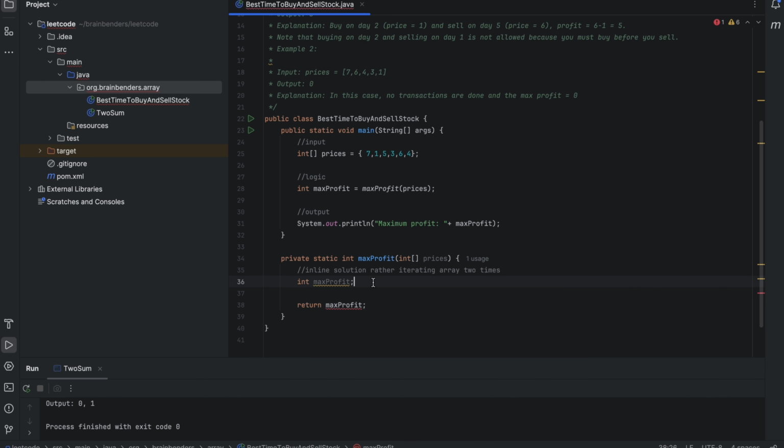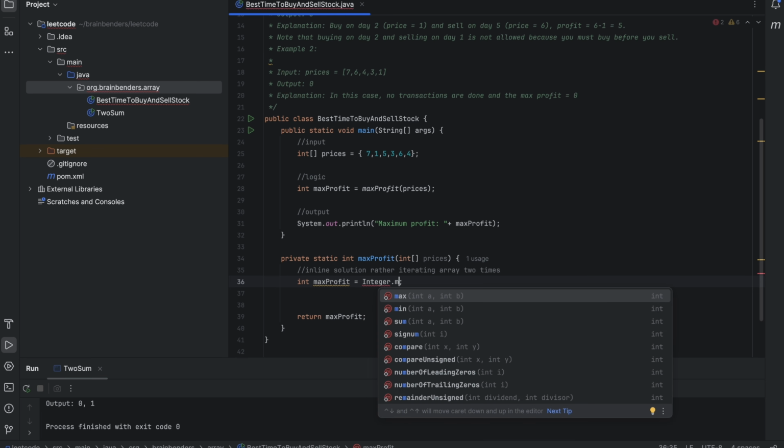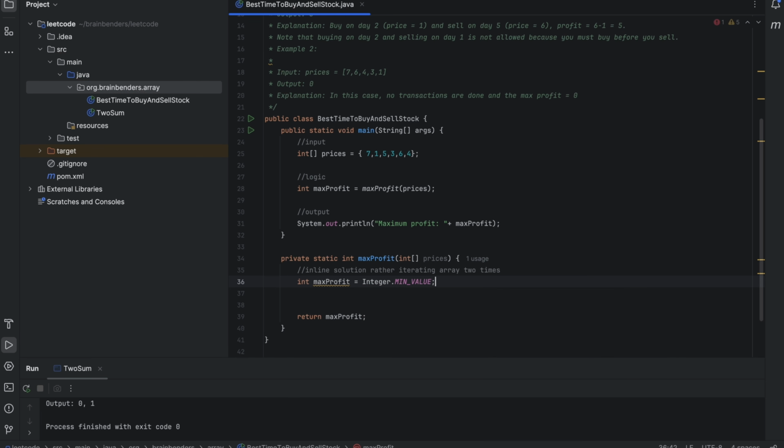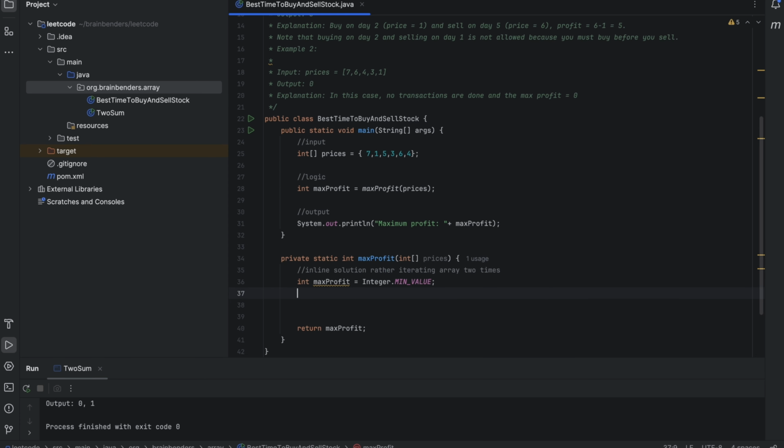And then I need to return max profit. Yes, that's good. Now, when it comes to max profit and min price, let me start my max profit with Integer dot min value. It's a standard way, because anything greater will always be considered as max profit. It's a very simple thing.